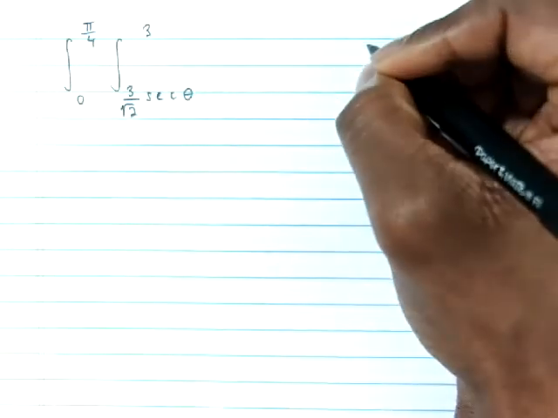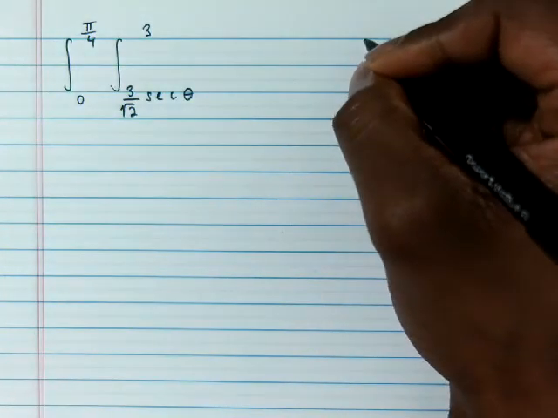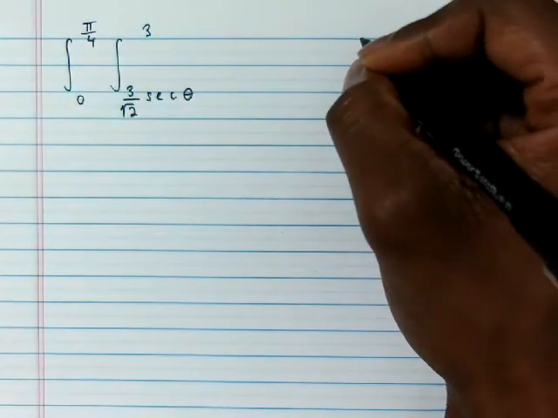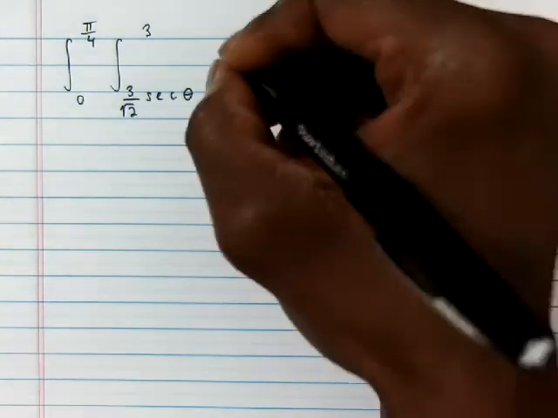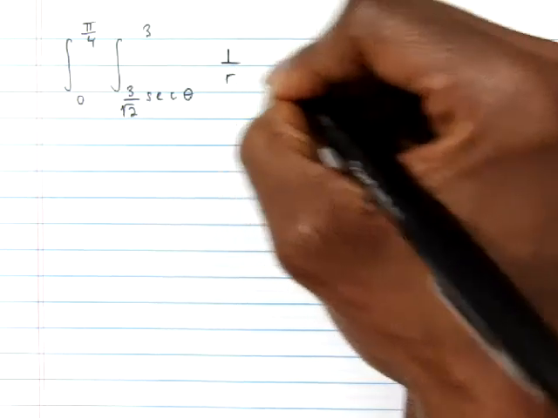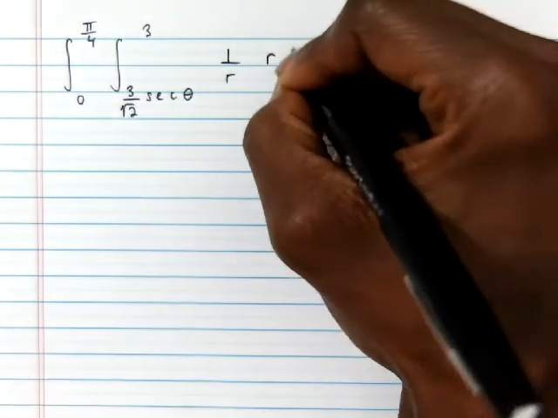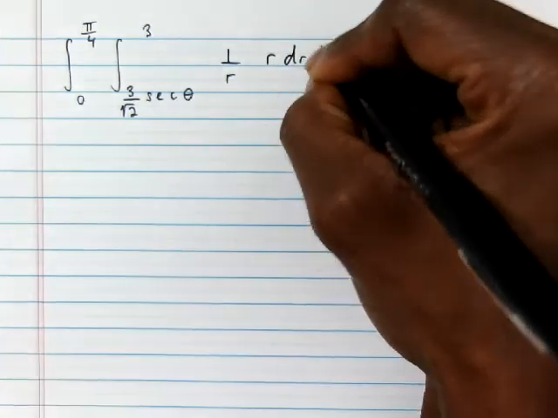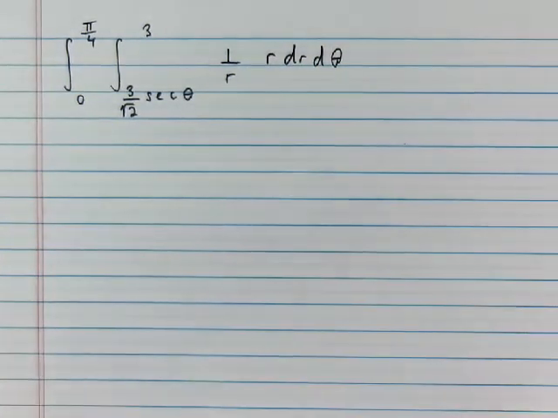So our integrand was 1 over the square root of x squared plus y squared, but we're switching to polar coordinates, so the square root of x squared plus y squared is just r. So we end up with 1 over r, and then remember we're integrating in polar coordinates. You have to put that r there, and then dr d theta. That's fairly straightforward to integrate.